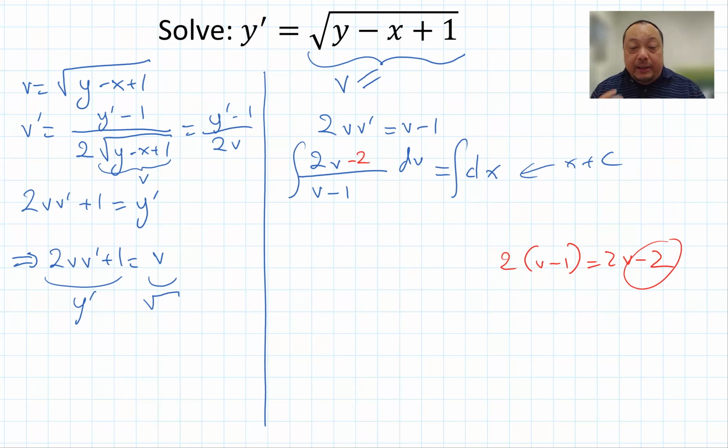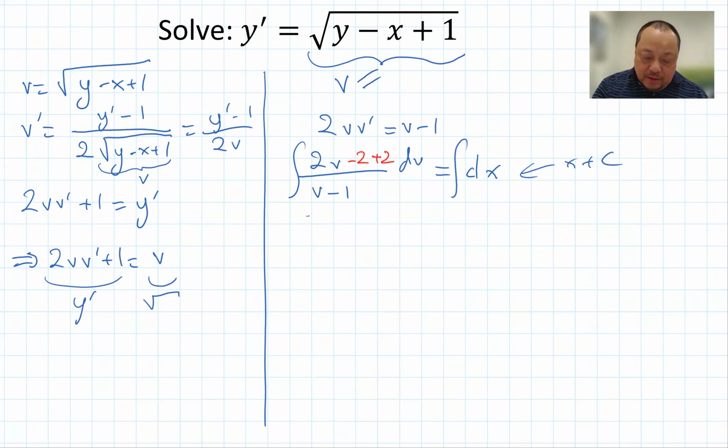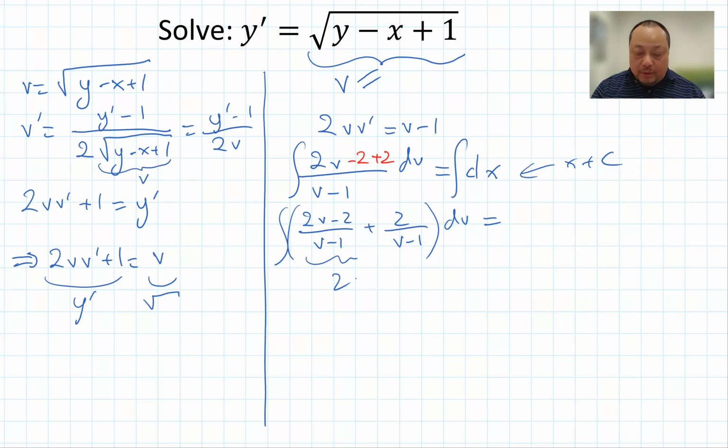And then just like completing the square, you add something extra, you have to undo it. Minus 2 plus 2. This is 2v minus 2 over v minus 1 plus 2 over v minus 1 dv. That's all of this is just 2.